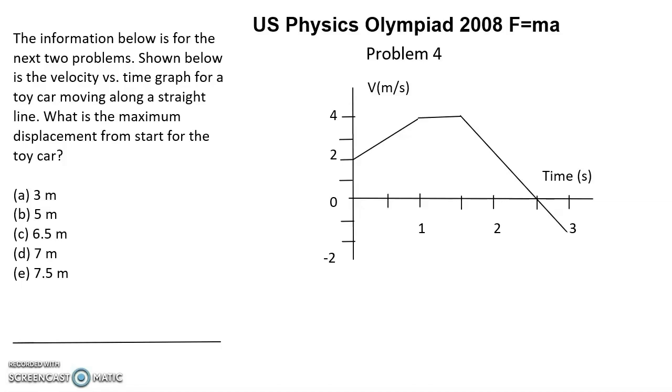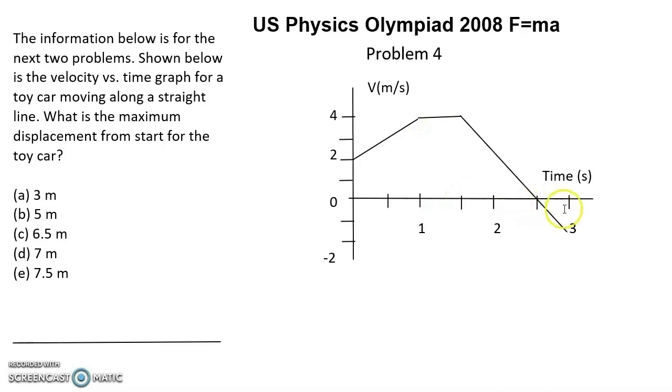As we can see, when we have a graph of velocity versus time, we can find the total displacement by calculating the area under the graph. If velocity is positive, area is positive.